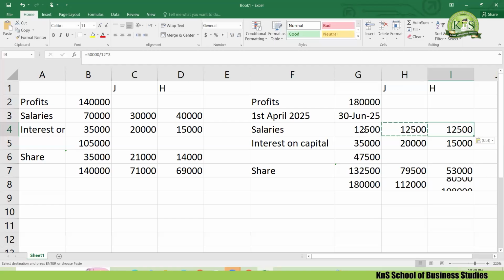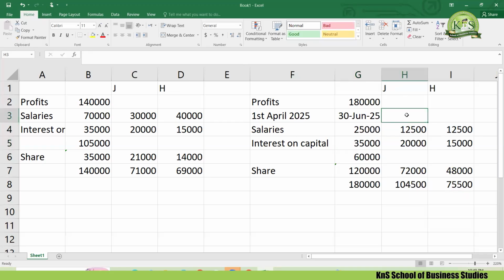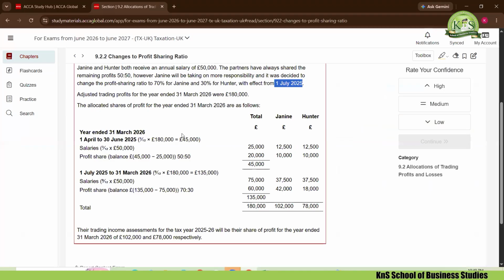Okay. Same here. And we will add this here. Any issues in the salaries calculation part? We are taking 3 months out of 12.